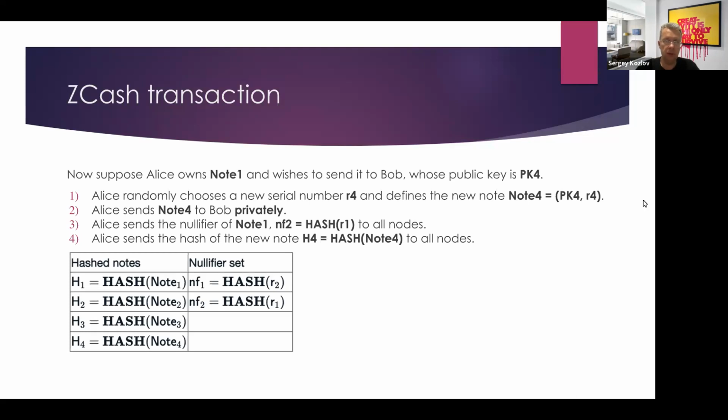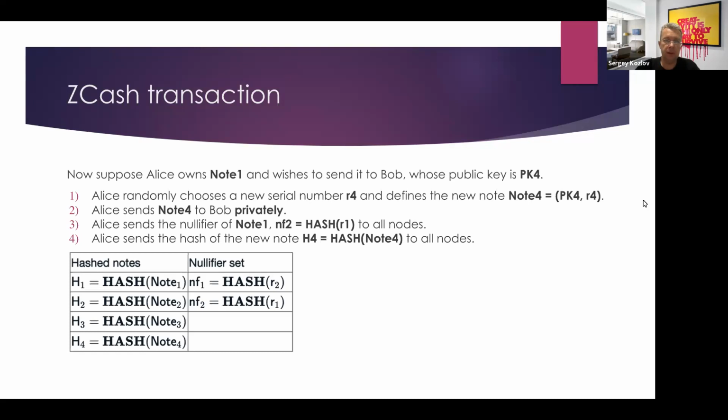She needs to produce the nullifier because she is spending her coin. She also defines node 4: with PK4 and R4 she produces the new node which belongs to Bob, since she knows the public key of Bob.